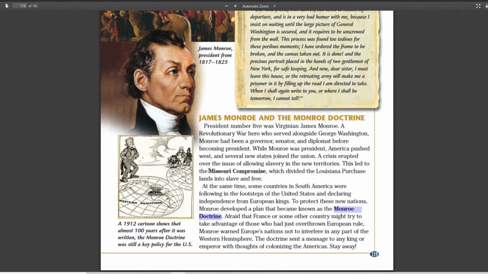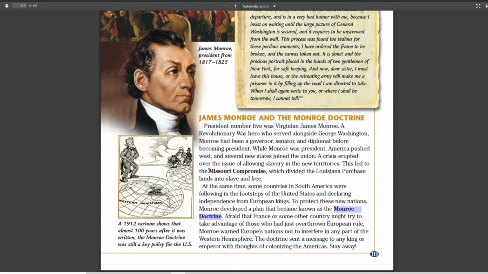So, what to do with these new territories? Are they going to be slave states or free states? Because there was a delicate balance in Congress, and if you have too many free states, the slave states are worried they're just going to vote you out. They're going to keep making free states until they have enough votes to vote down slavery.